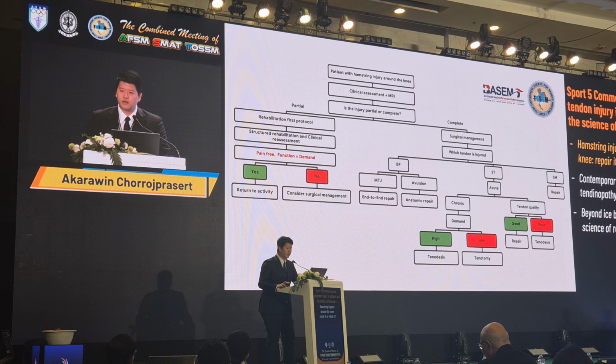The partial and low-grade MTJ injuries may undergo rehabilitation first, but failed cases or cases with acute unstable avulsion progress to surgery, with procedure selection based on the tendon involved, the chronicity, the tissue quality, and the patient demand.